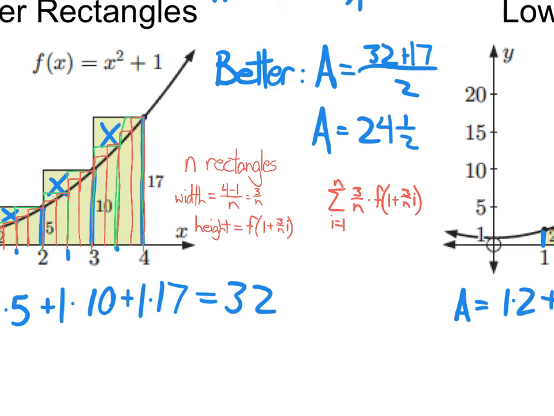Is that for all of the rectangles? Yes, that's for all the rectangles. I'm adding up the rectangles, and guess what? If I take the limit as n approaches infinity, that's going to give me the area. The higher n is, the closer my approximation is to the exact, and when I take the limit, it does give me the exact.